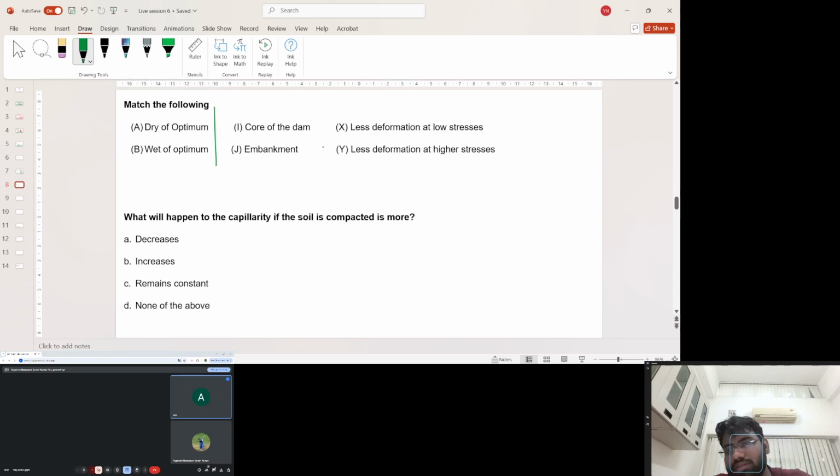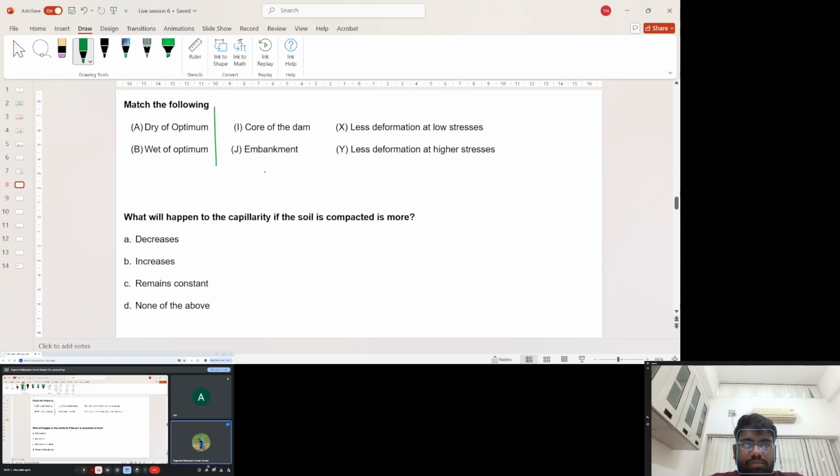Here, dry of optimum, since its permeability will be higher, is more suitable for the outer part of the embankment or the dam itself.